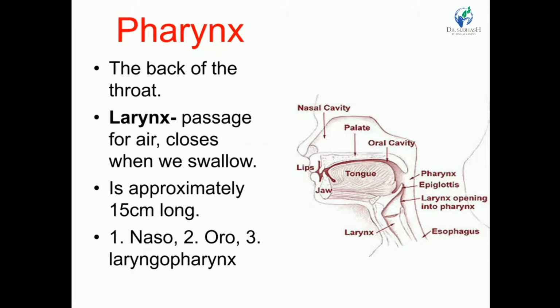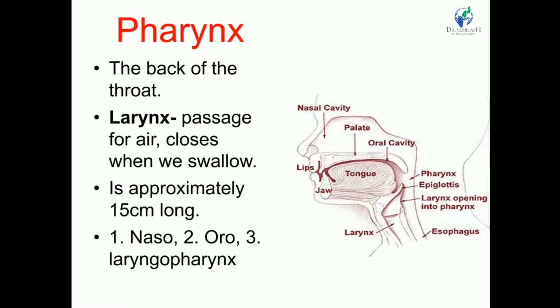The pharynx is present at the back of the throat. It is a passage for air and it will be closed when we swallow fluid. For that, the epiglottis helps. As you can see in the diagram, the epiglottis is a dome-shaped roof.